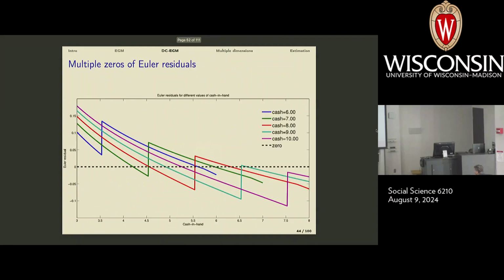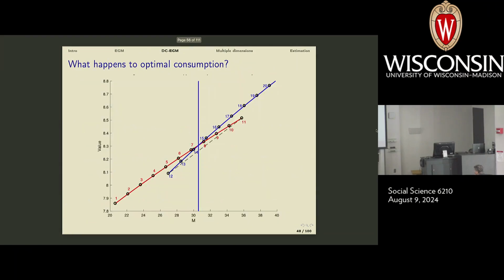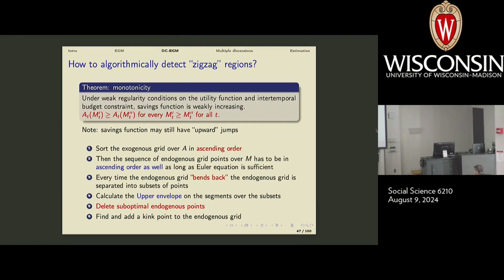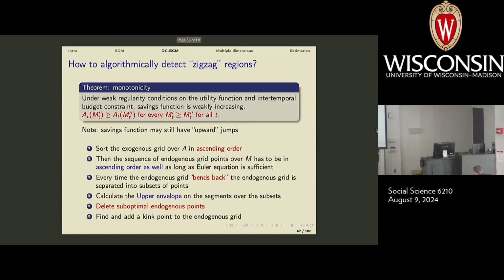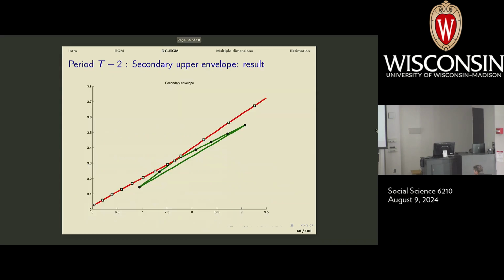Okay. Now, how do we deal with that? Well, we can do the upper envelope, right? That's not that hard. The hard part is how do you detect that you have to do the upper envelope? And so one approach relies on this monotonicity, again, on the monotonicity of the savings function as a function of wealth. Essentially, let me not go through the steps.